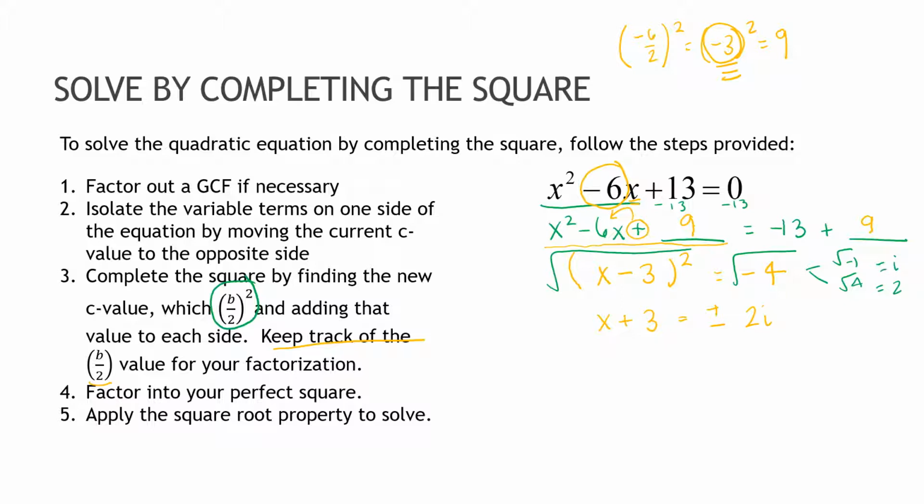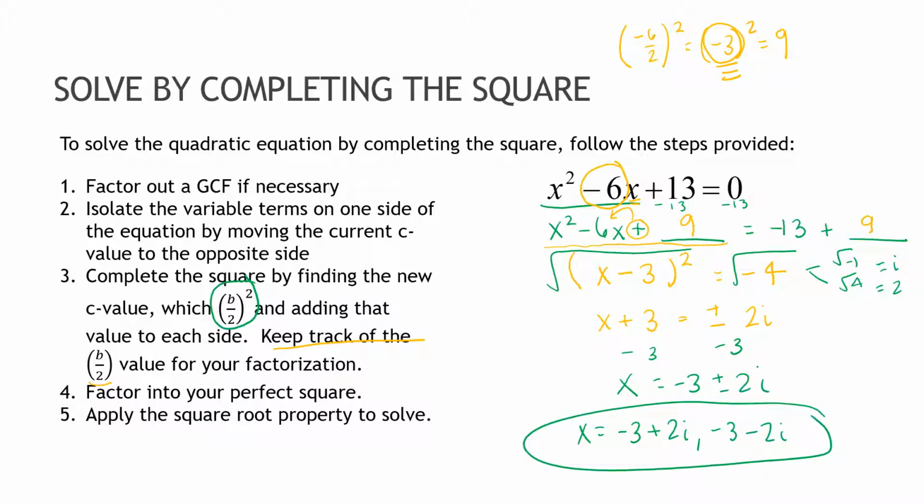So my answer, if I subtract 3, would be x equals negative 3 plus or minus 2i. And that would be negative 3 plus 2i, negative 3 minus 2i. So again, that's another method you can use.